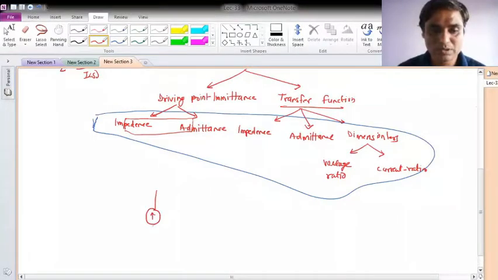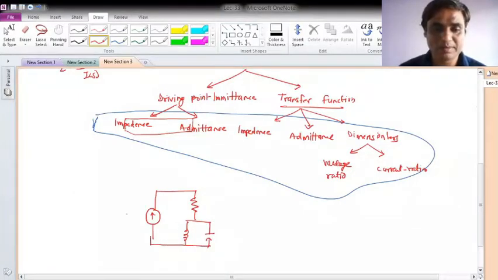To this a current source is given, then there is a resistor, and in parallel here an impedance with inductance and capacitor. Let me write it in terms of the Laplace domain. Suppose Ig(s) is the current generator, this is R, this is sL, and this is 1/(Cs), and suppose I would like to measure this V0(s).